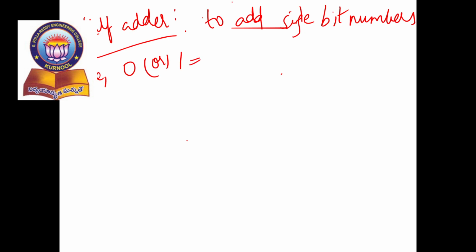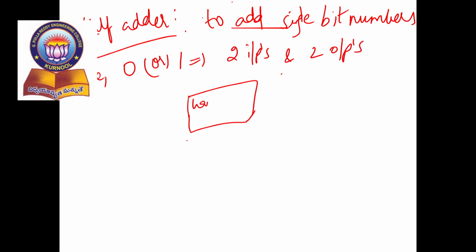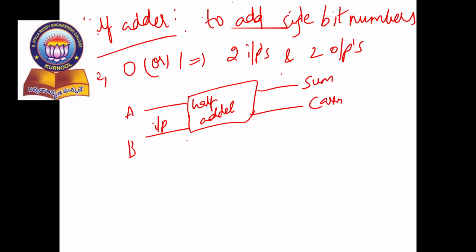It has two inputs and two outputs. In the diagram of the half adder, we have two inputs, A and B, and the outputs are sum and carry, represented with S and C.